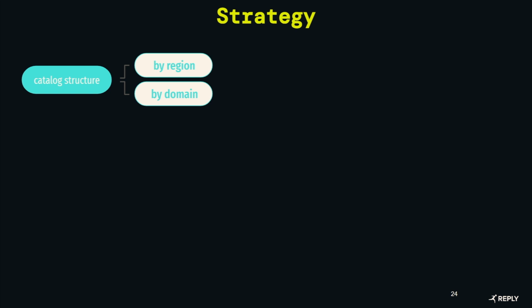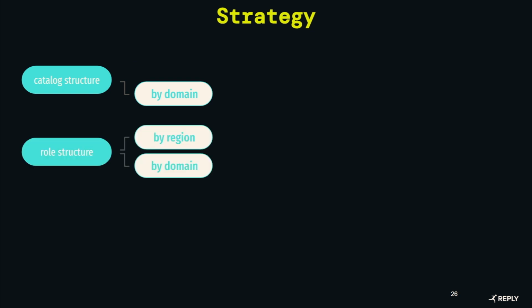We faced two different possibilities, by region or instead by domain. After analyzing the user needs, we determined that splitting the catalog by domain was the optimal approach, aligned with the business needs in the CNH environment. So we adopted the by-domain approach.